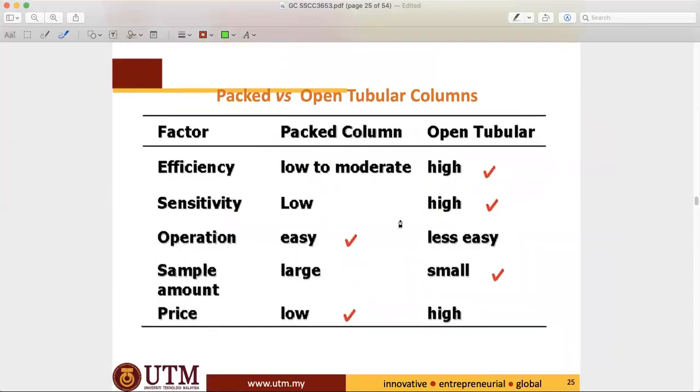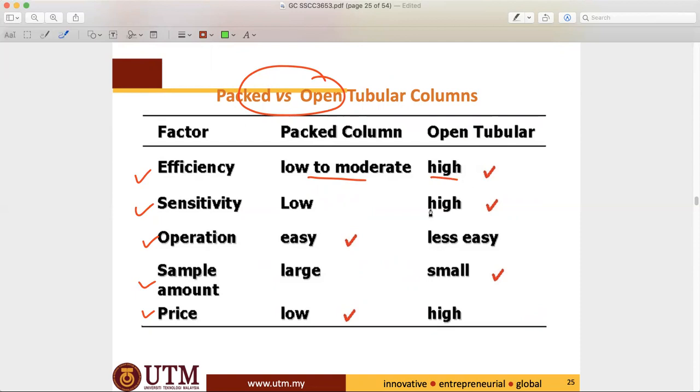So what are the differences between packed and open tubular columns? There are several factors that we differentiate them by: the efficiency, the sensitivity, the operation, the sample amount, and the price of buying the column. The efficiency is low to moderate for packed column, but quite high for open tubular column.